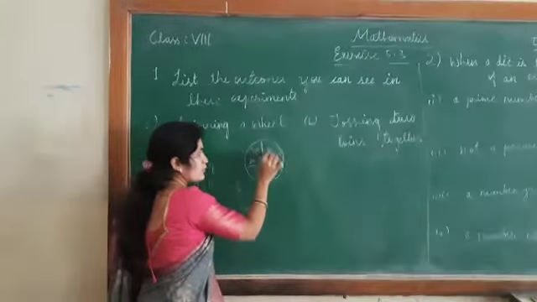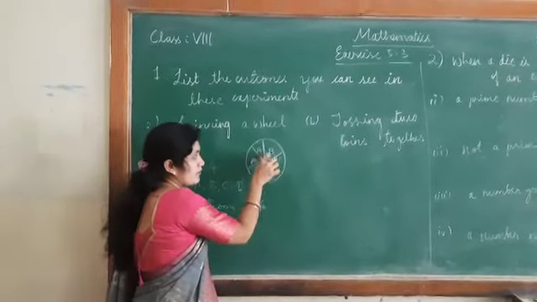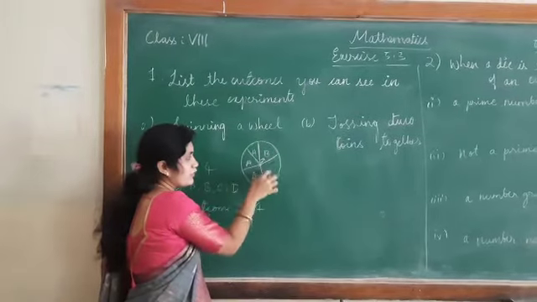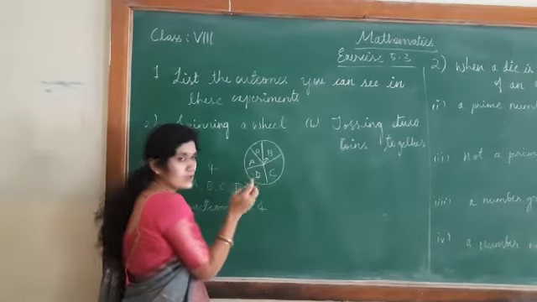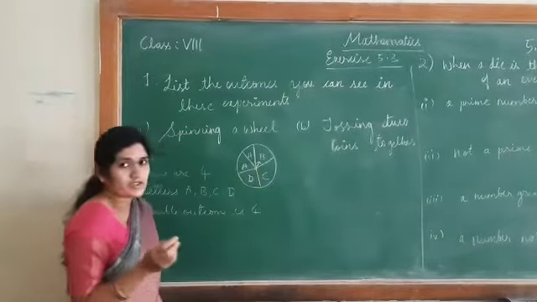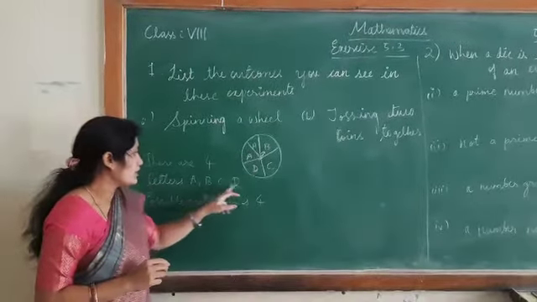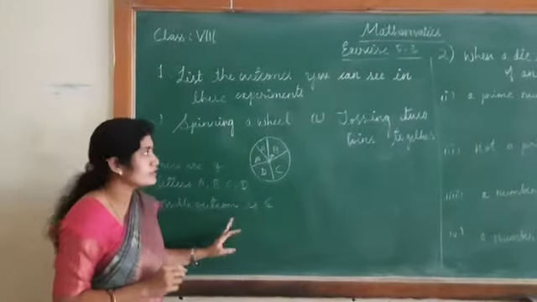If it stops on B, the outcome is B. So different letters we count as different outcomes. No need to repeat the outcome for A, which is repeated here. So, 1, 2, 3, 4. 4 letters are given, so the possible outcomes are also 4.